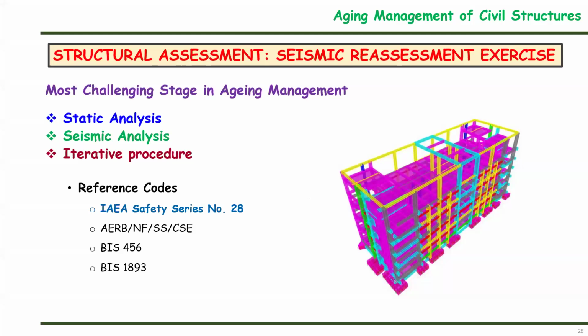We go for static analysis, we go for seismic analysis, and this is basically an iterative process. These are the reference codes to carry out the structural assessment part. For nuclear safety related structures, we usually use AERB guides and IAEA guides. And for industrial structures, we use BIS 1893 and 456 codes.